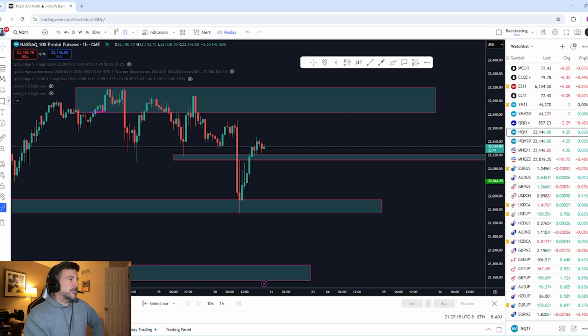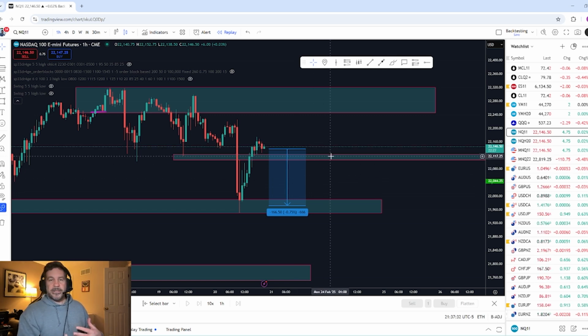So what I'm going to do is get out my measurement tool, and I'm going to start right here. I'm going to measure down here. If the NQ drops down to this area, it's going to be down about negative 0.75%. Knowing that a large move on the NQ, if the NQ is moving -1, -2% in a day, that's a pretty far move, and that's at the extreme.